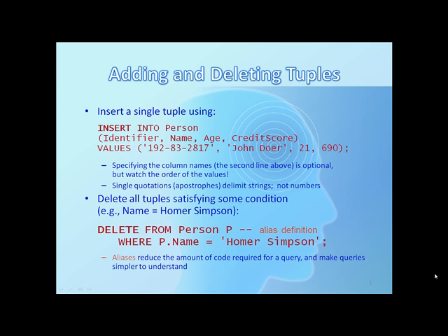Delete from person P, where P is an alias definition. The next row shows us that we don't write the name of the table person. We only write the alias: p.name equals Simpson.